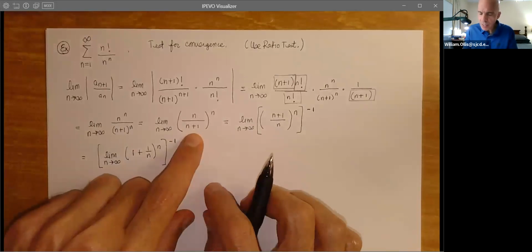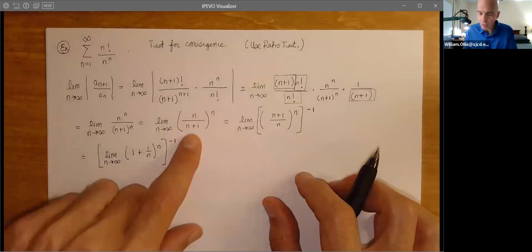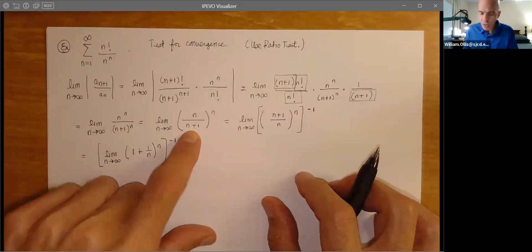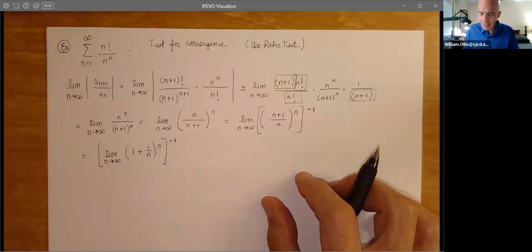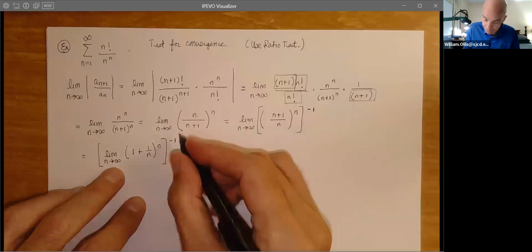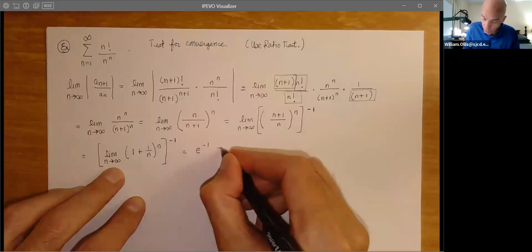Well, of course it is if you've seen it a lot, but now this is why you do get that. And later on, you might say, well, that's something I've seen before. And then you could get e to the minus k if you have certain coefficients here. So again, the idea is let's make this look like something we understand. Now, of course, this by definition is e. So we get e to the minus 1, or just 1 over e.